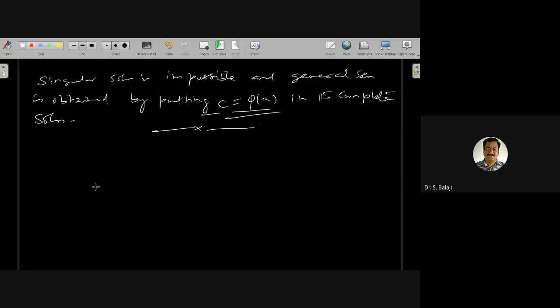Similarly, you have another problem. If you want to get another one, suppose if you want to get a log x, that type of idea.